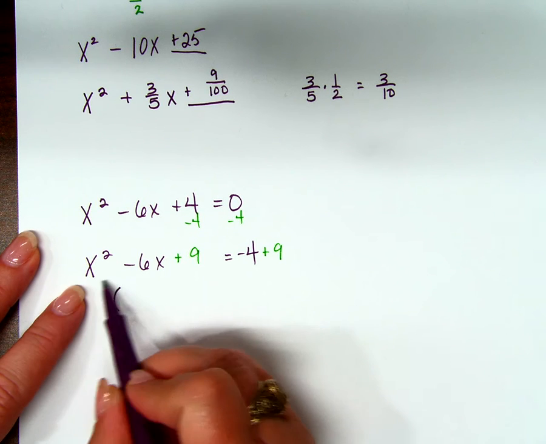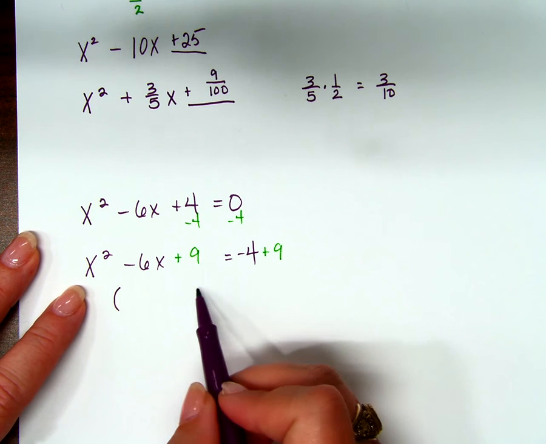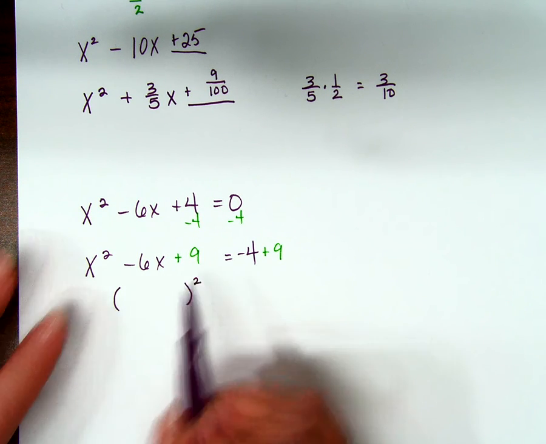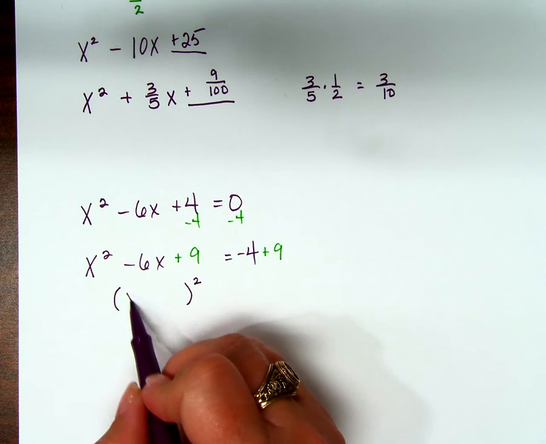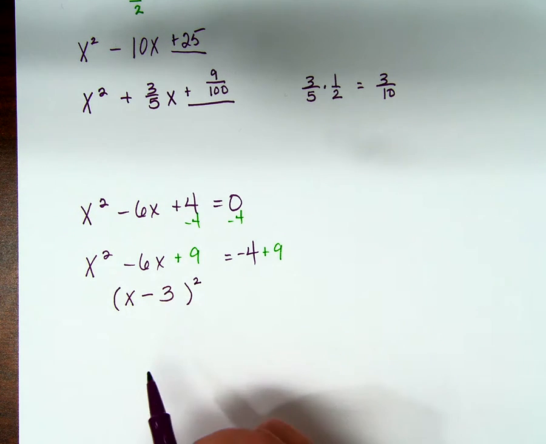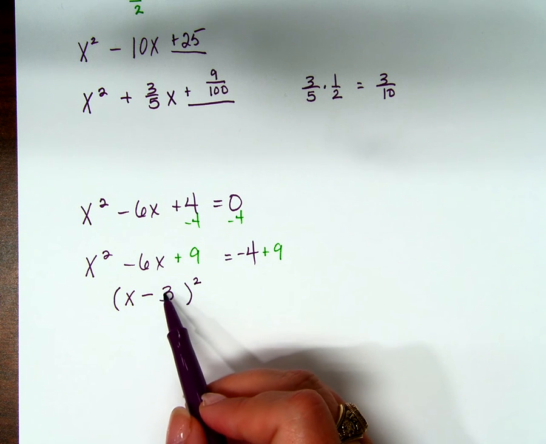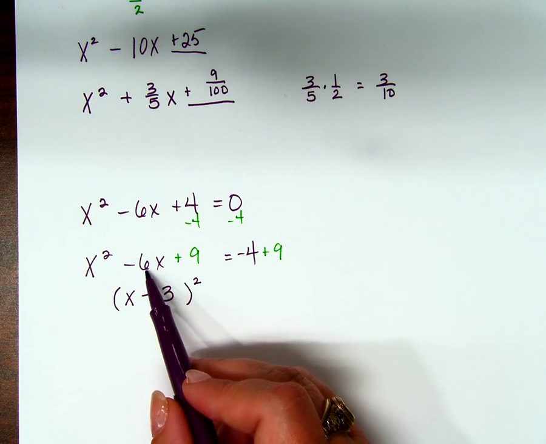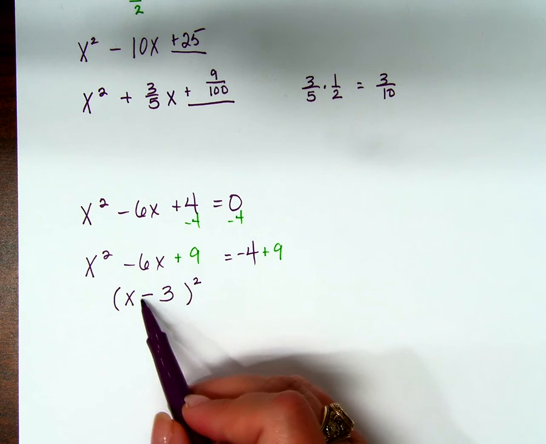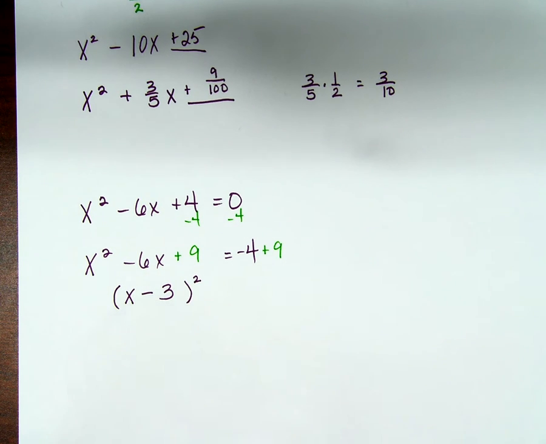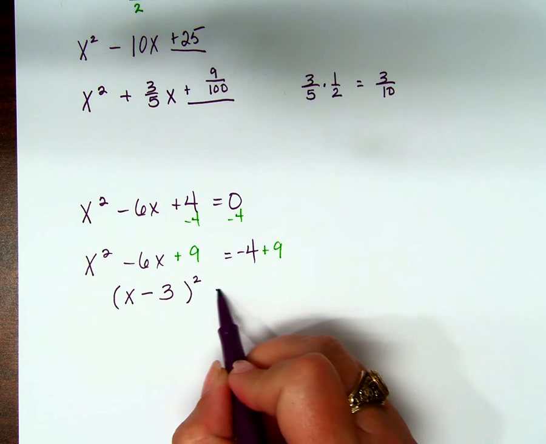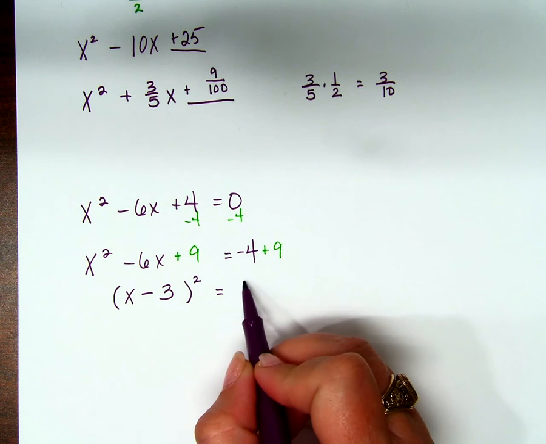This is a perfect square trinomial, which means I can go to a binomial that's squared. X minus 3, right? Where does this term come from? There's two different places it could come from. Either half of that or the square root of that, right? And I just have to take the sign of that middle term. Okay? Equals what? What's negative 4 plus 9?